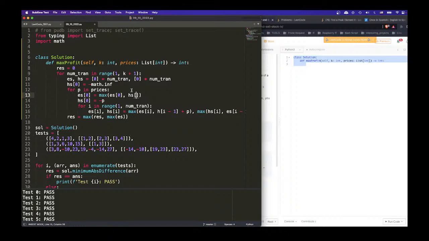Now this is the first transaction. Then we need a previous state. Well, now we don't have a previous state, right? We don't have a previous state, which means we always start fresh.